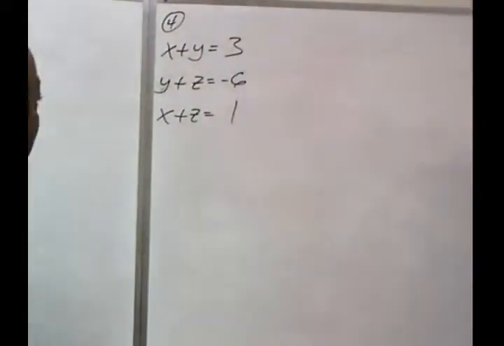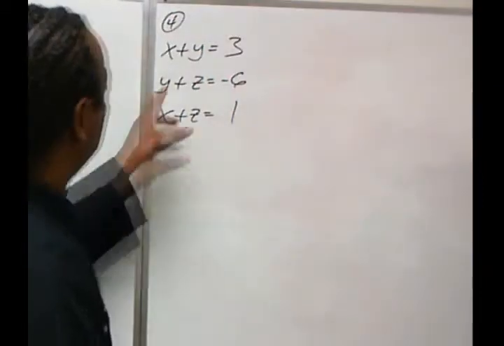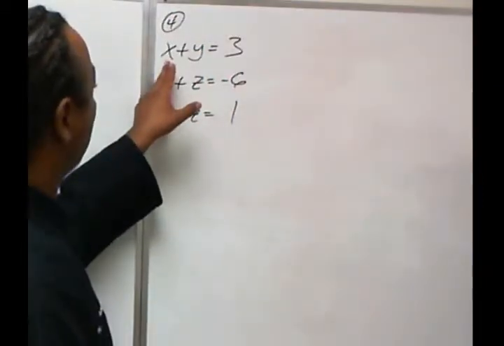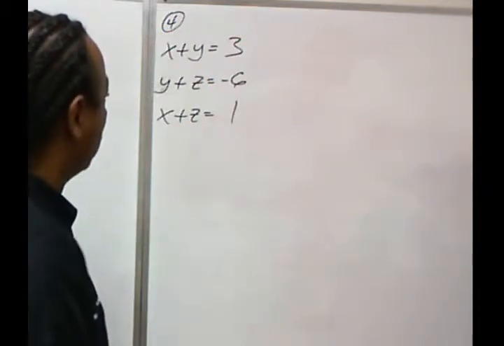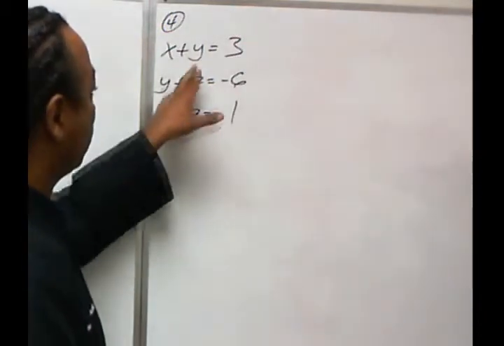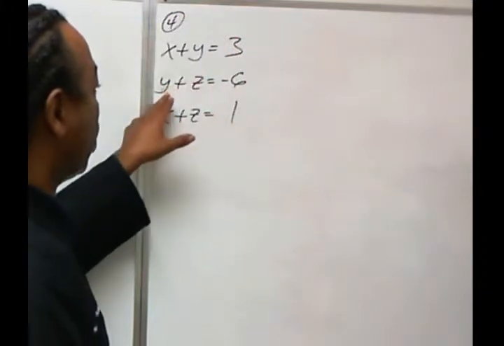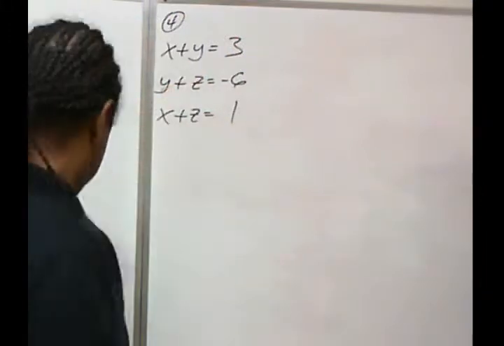Next, number 4. We have a system here of 3 variables, and I want to cancel out one of these. So let's say I cancel out my y's, so let's say I cancel out this y and this y. I need to change this to a negative y.